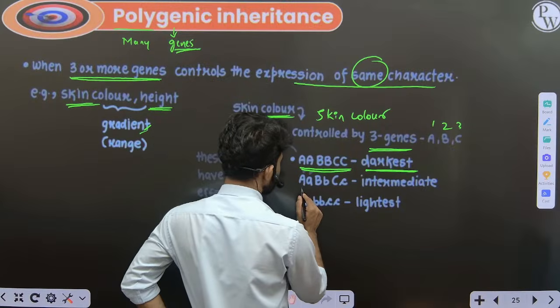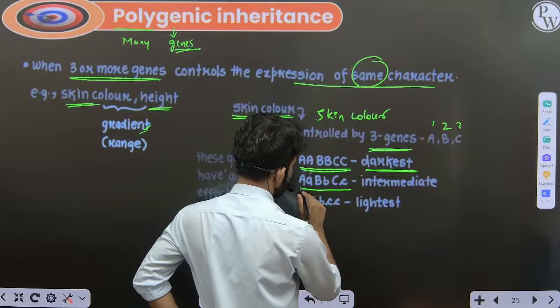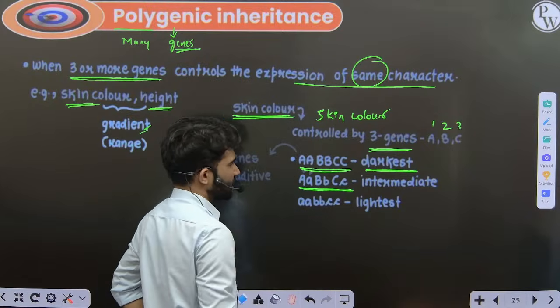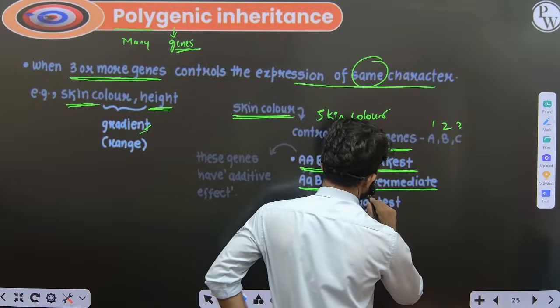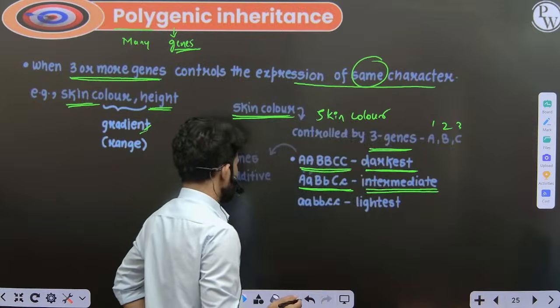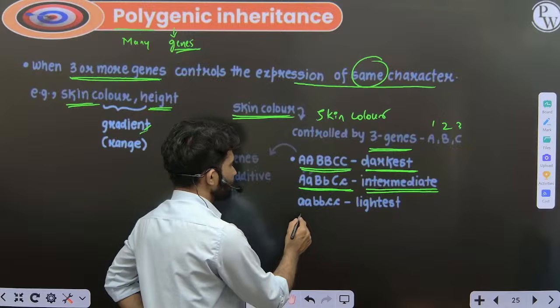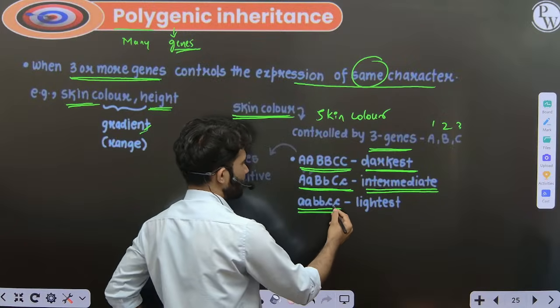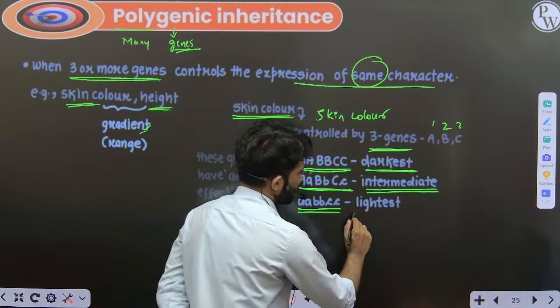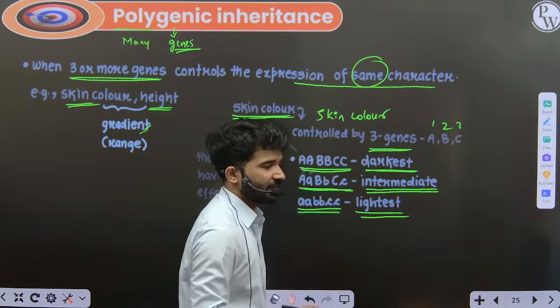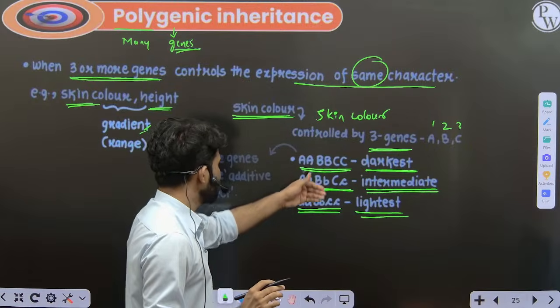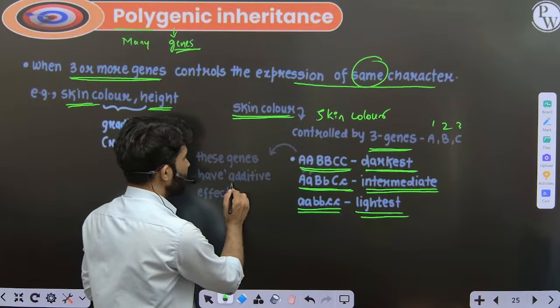If all those genes are in a heterozygous condition, capital A small a, capital B small b, capital C small c, that gives rise to an intermediate skin coloration. And if all are recessive, small a small a, small b small b, small c small c, that gives the lightest skin color. And these genes have an additive effect.